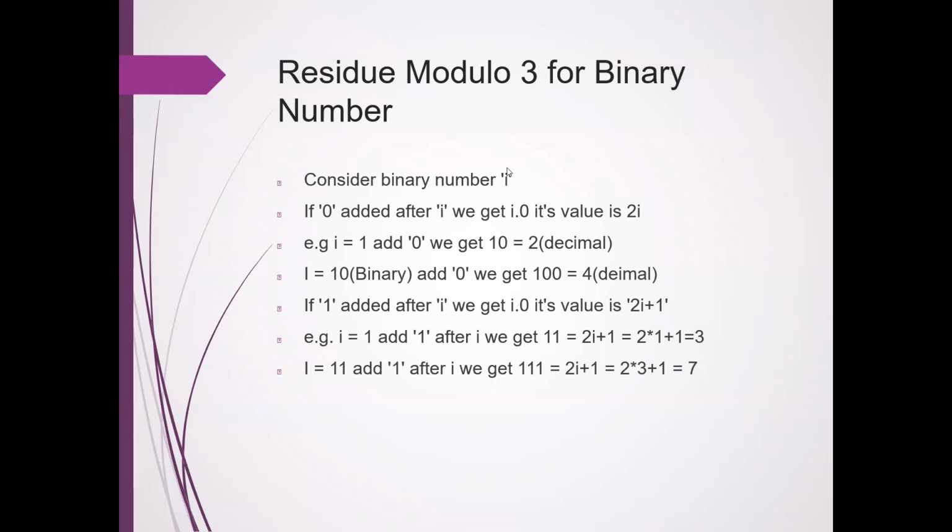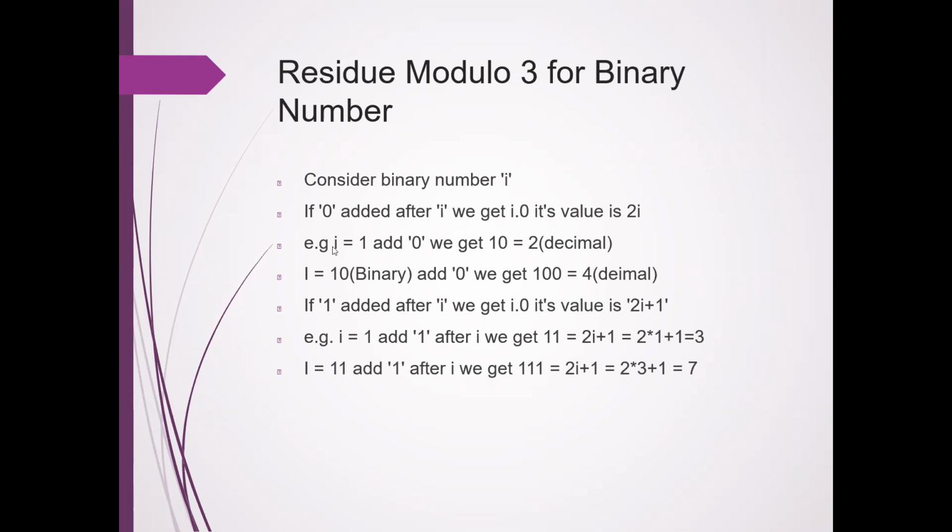After this I, either there will be a 0 or there will be a 1. These two possibilities are only there because in a binary number we have only two digits. I can be a single digit, a 0 or 1, or it can be a multi-digit number also. But if you add 0 after that number, then the value will be doubled.